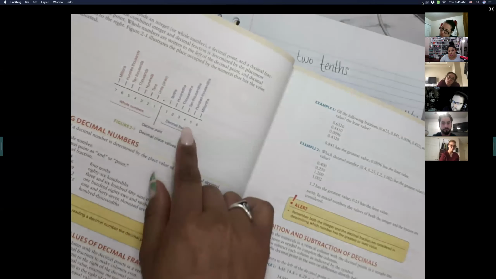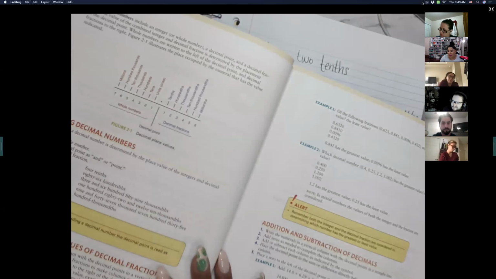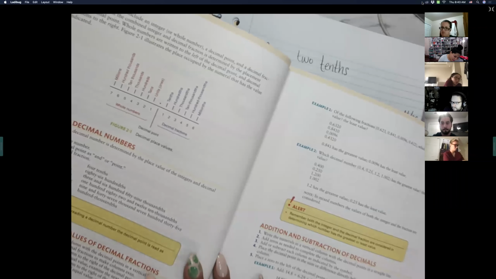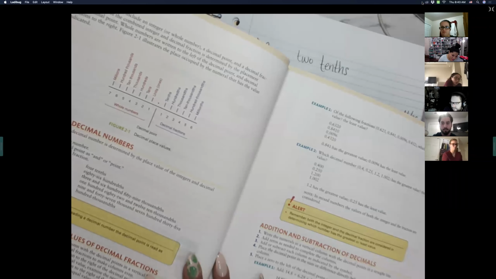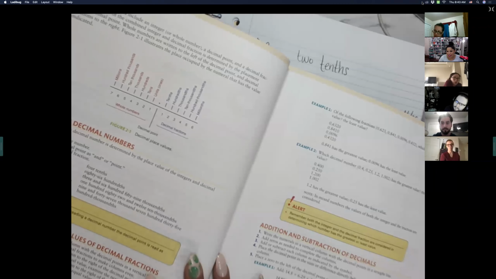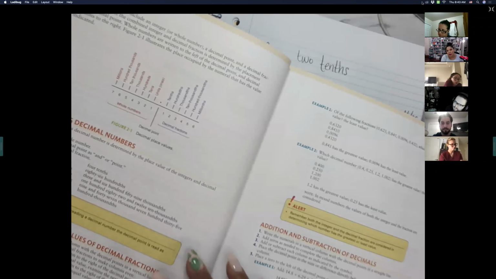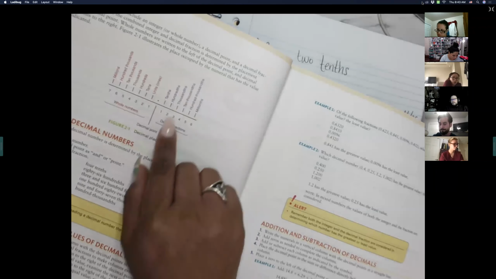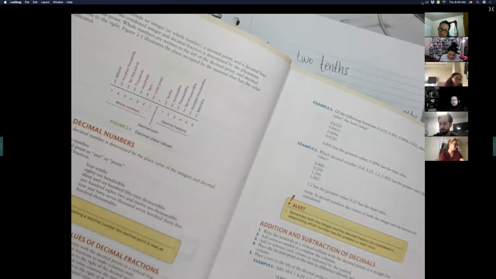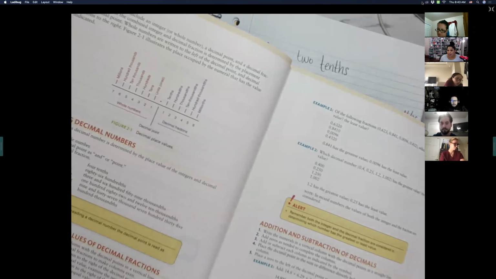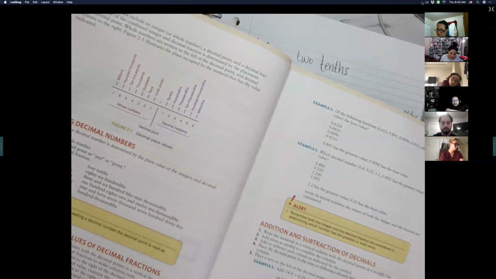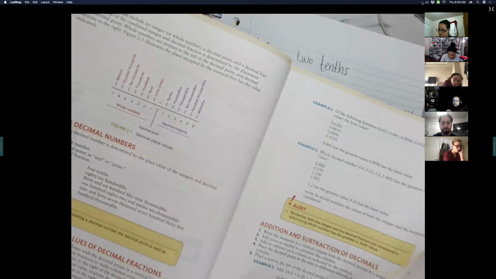Just review this chart, guys. Like I said, I haven't ever heard of a student tell me, Miss Roxy, I had to spell out 100 thousandths today. Like, I've never heard that. But just be sure to go over this table and review it on page 34, just in case something crazy happens, okay? You're familiar with the spelling and you're familiar with the place values.